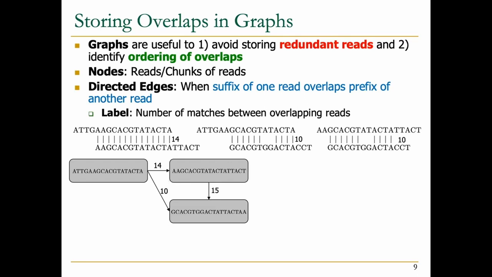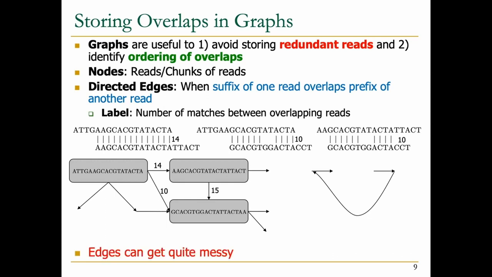And then we basically generate all these nodes, generate all these edges for all pairs of reads, and essentially what we get is a full overlap graph that represents all the overlaps that we find between all pairs of reads. But there is an issue there, as it always happens.